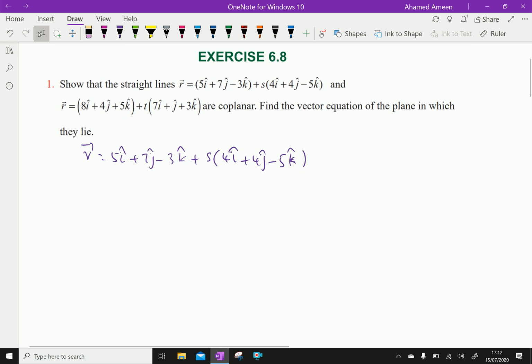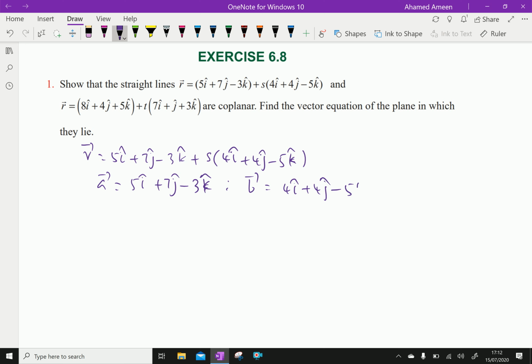Regarding this, the line passes through the point vector A equal 5i plus 7j minus 3k, and vector B, the parallel vector to that line, is 4i plus 4j minus 5k.